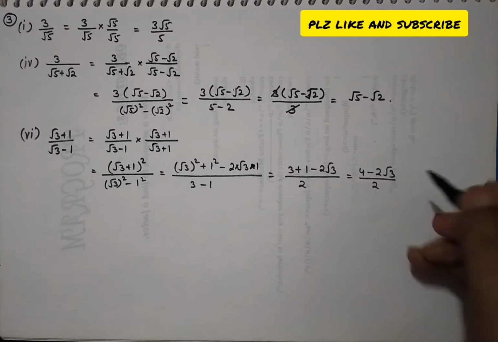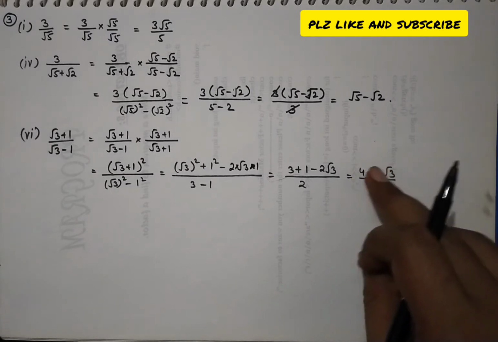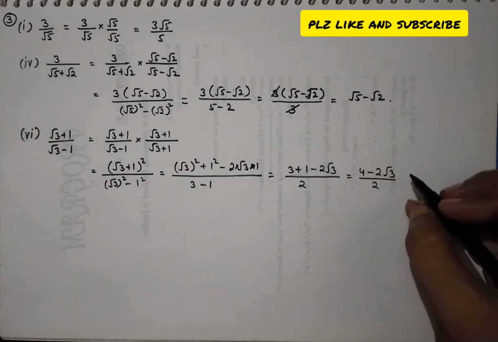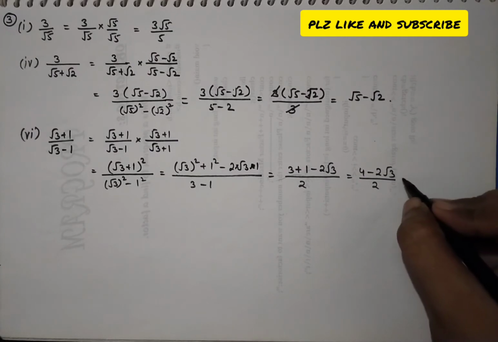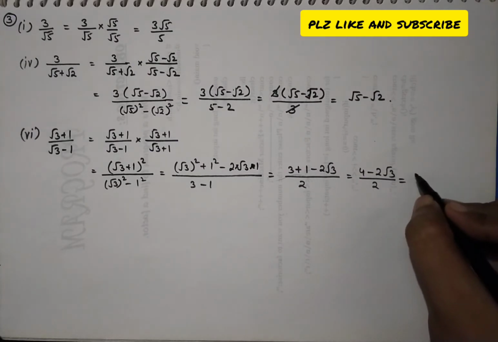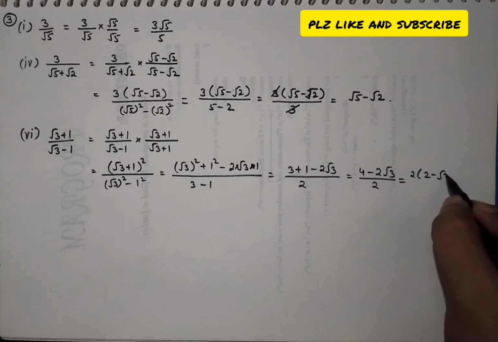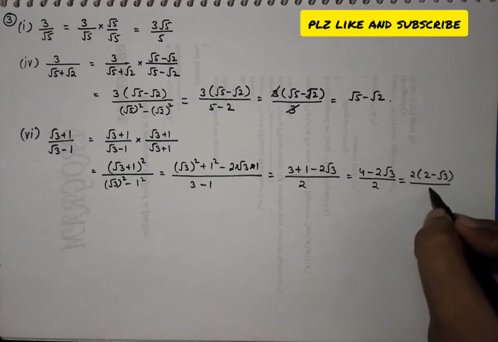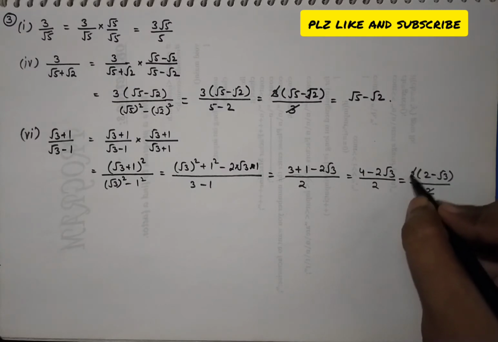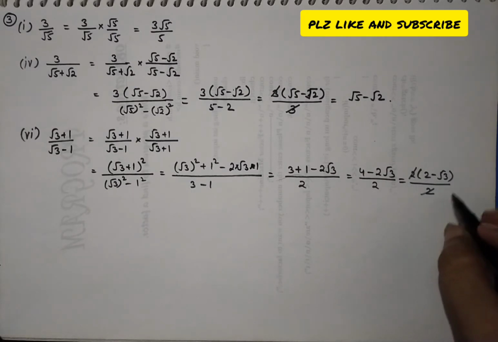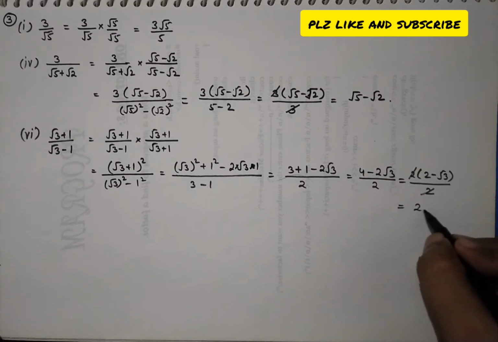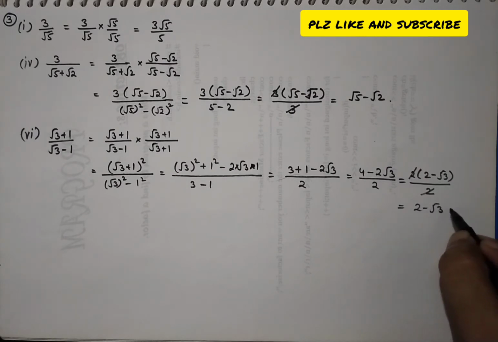Now we can take 2 common from the numerator. We can cancel out 2 and we will get 2 minus root 3 as the answer.